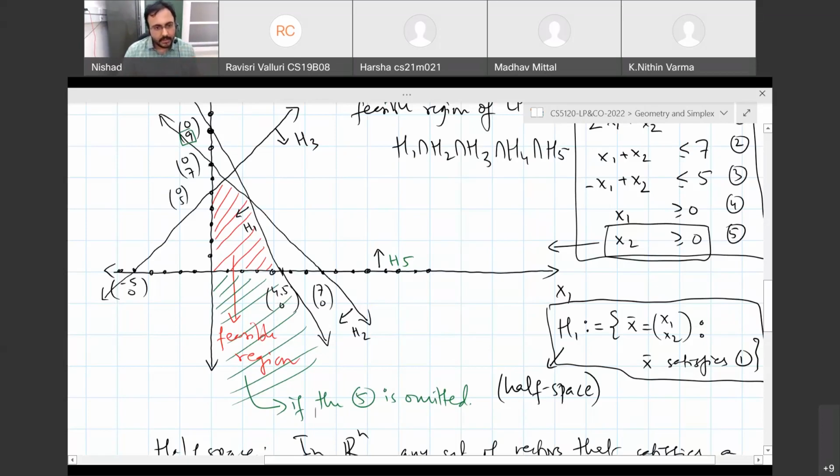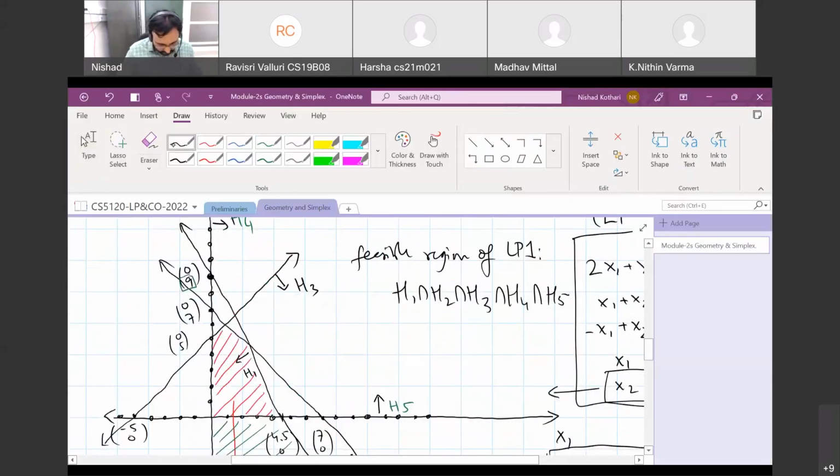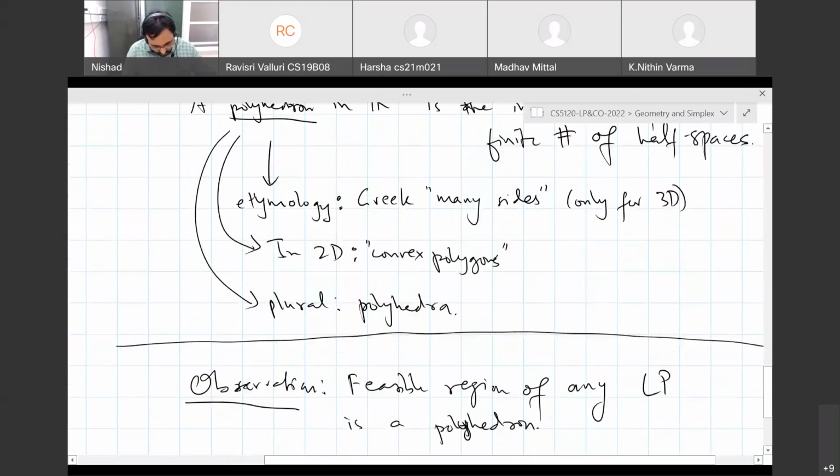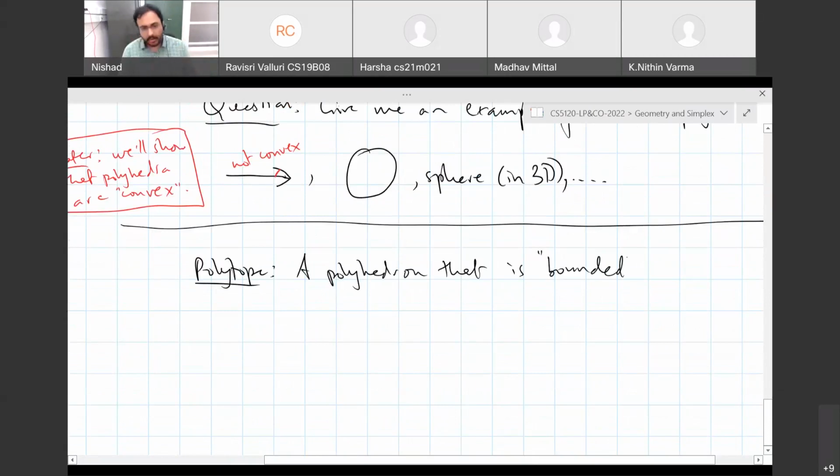Okay. So a polytope is a polyhedron that is "bounded." And I'm going to put bounded in double quotes here because we are actually going to use the terms bounded and unbounded in a different context, in the context of the objective function.